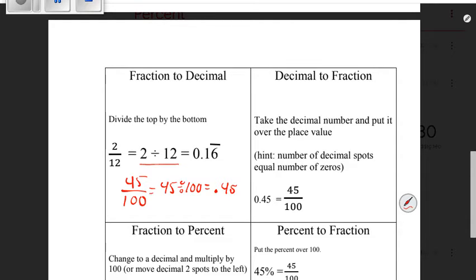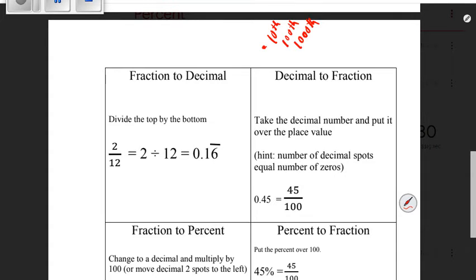Same thing when we go from a decimal to a fraction. We've already done this. If you have decimal 45, you're basically counting up 2 spots, 2 zeros with the 1, 45 over 100. Or you remember knowing your tenths, hundredths, thousandths. First spot is the tenths, then the hundredths, then the thousandths.